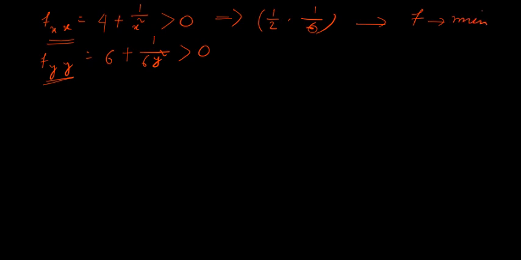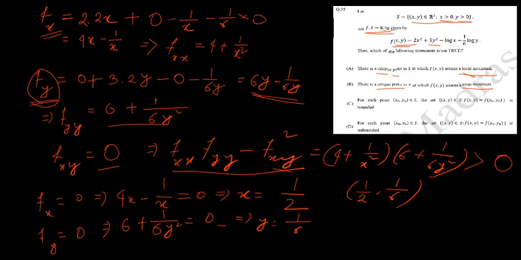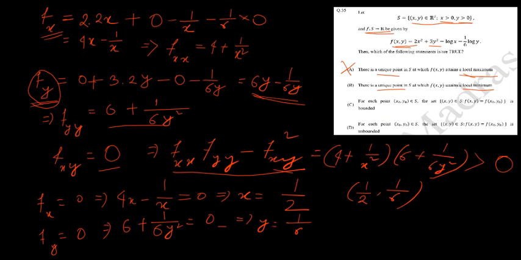So the first option is incorrect, because the option says there is a unique point in S at which f(x, y) attains a local maximum. There is no maximum point, only a minimum point. So option A is incorrect, and option B is correct: a unique local minimum point.